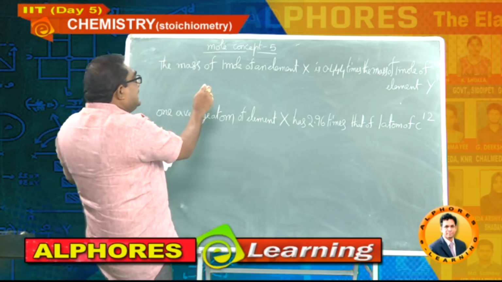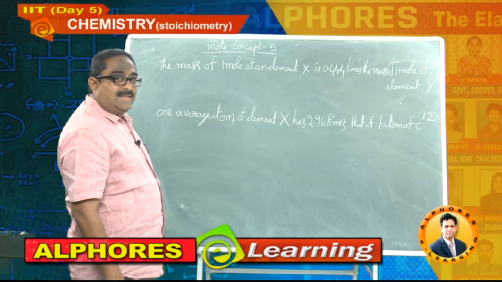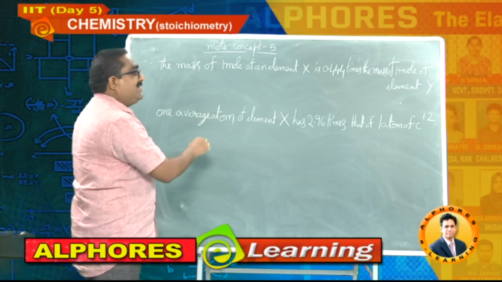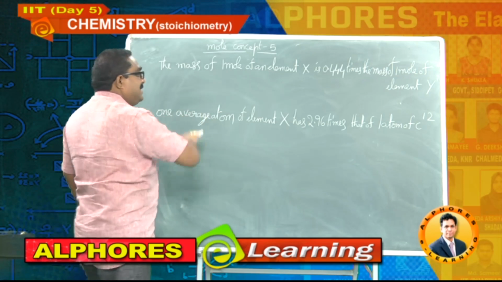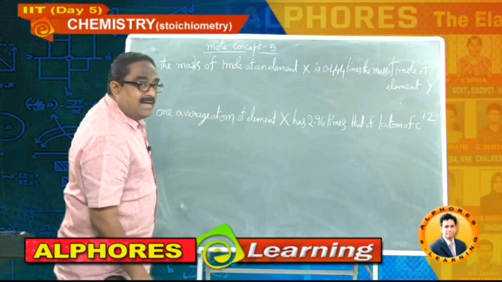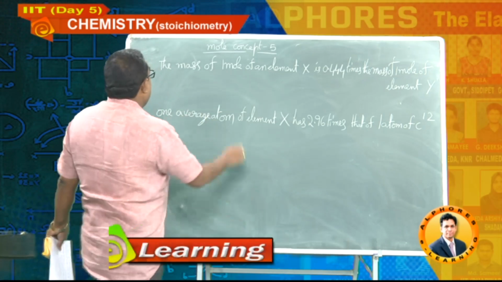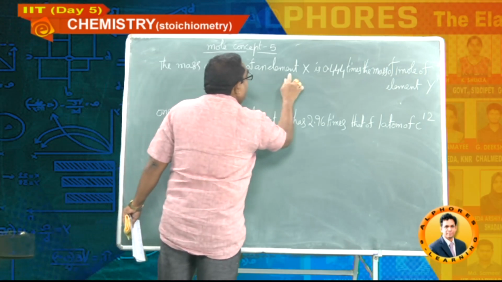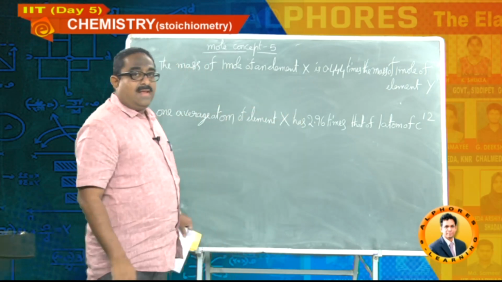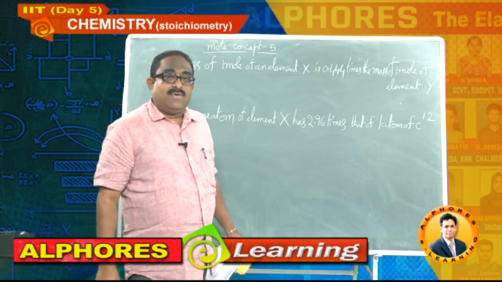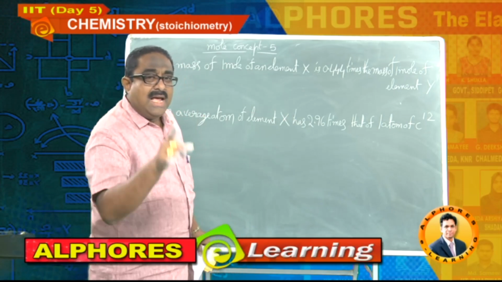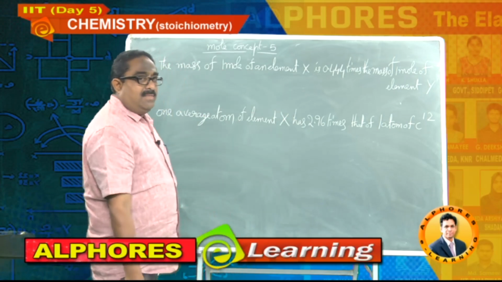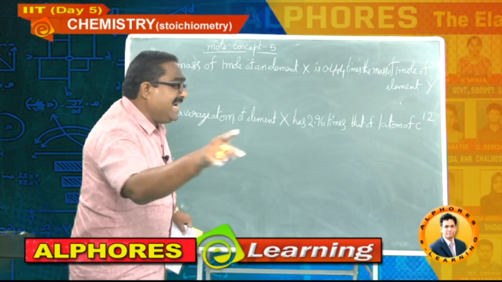I have written in a sequence here, observe students. Why have I written the question like that? The solution I can do in the same area. You concentrate. Mass of 1 mole of element X. What is 1 mole of an element? 1 mole of an element means nothing but Avogadro number of atoms of an element, nothing but GAW.